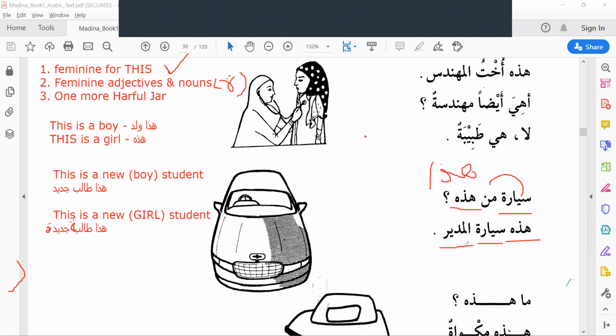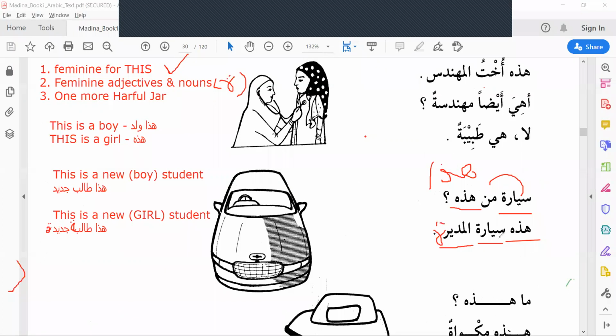For example, if you commonly say mudir, it refers to masculine. If you want to say it belongs to a principal who is female, how do we say it? Sayyaratul mudirati. We have to add ta at the end.